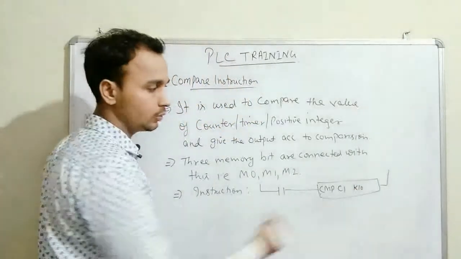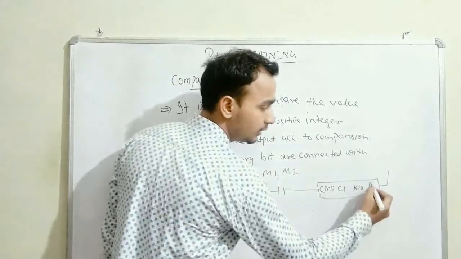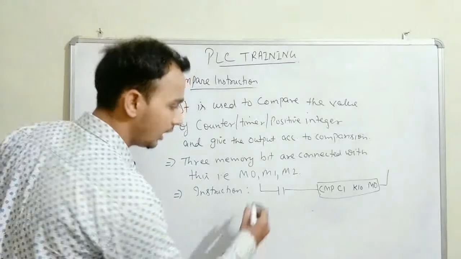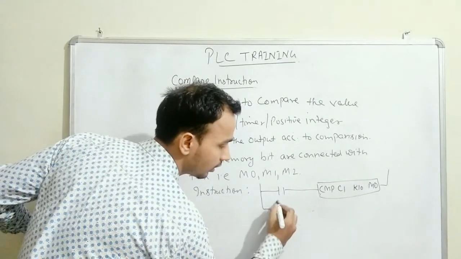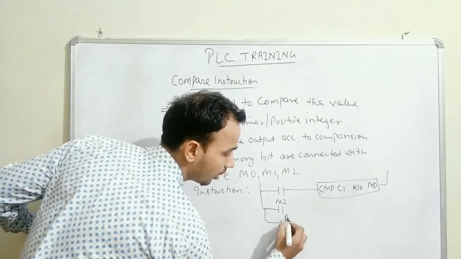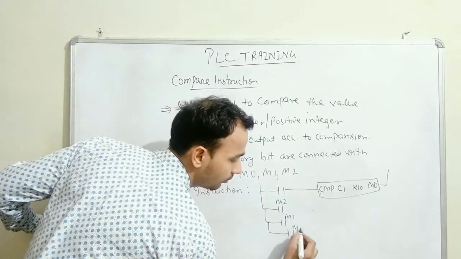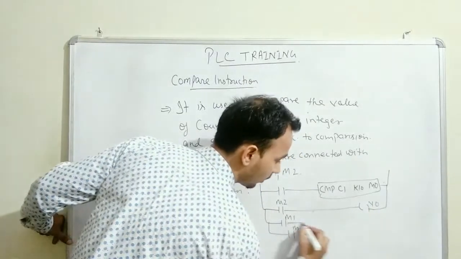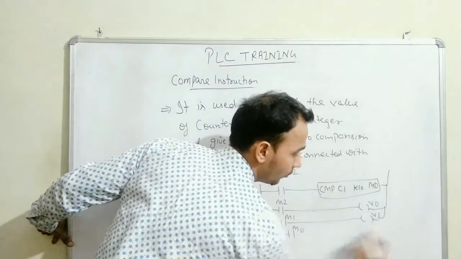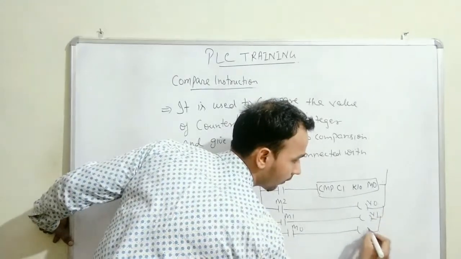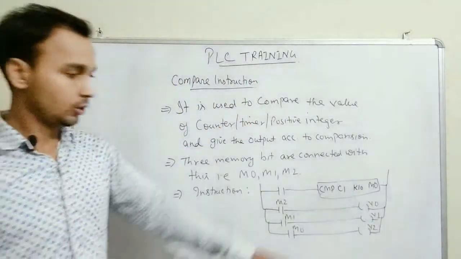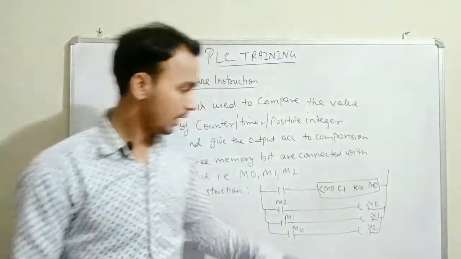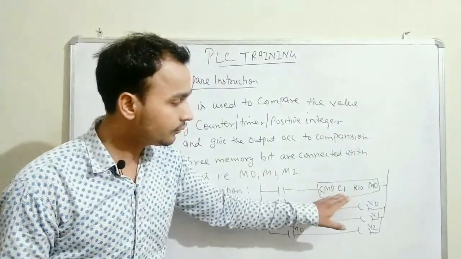I am taking 10, you can take any value according to yourself, and this is the M0 bit. After this instruction we will use M2, M1, M0 for outputs Y0, Y1, Y2.